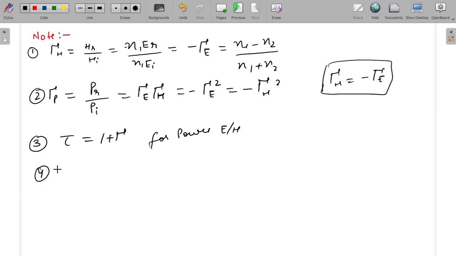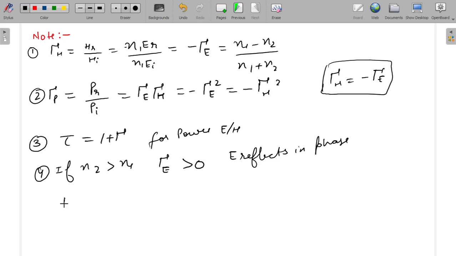The fourth note point: if N2 is greater than N1, tau E is always greater than 0, that is, E reflects in phase. The reflection coefficient is greater than 0 means it is reflected in phase. If you substitute N2 and N1 in the formula of tau, equal to N2 minus N1 divided by N2 plus N1, you will get tau E greater than 0.